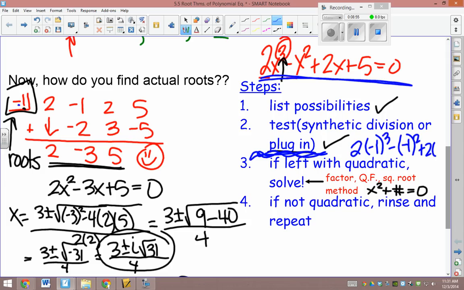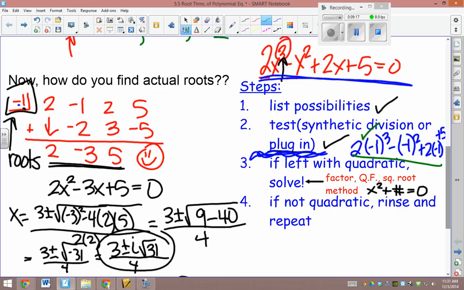And again, you're looking for a 0. It is totally up to you how you want to test. Now, the reason I choose synthetic division over this way is because even if you get 1 to work, for instance, when you test this, this is going to be an actual root, you still have to do synthetic division. So I say, why not test with synthetic division to begin with?